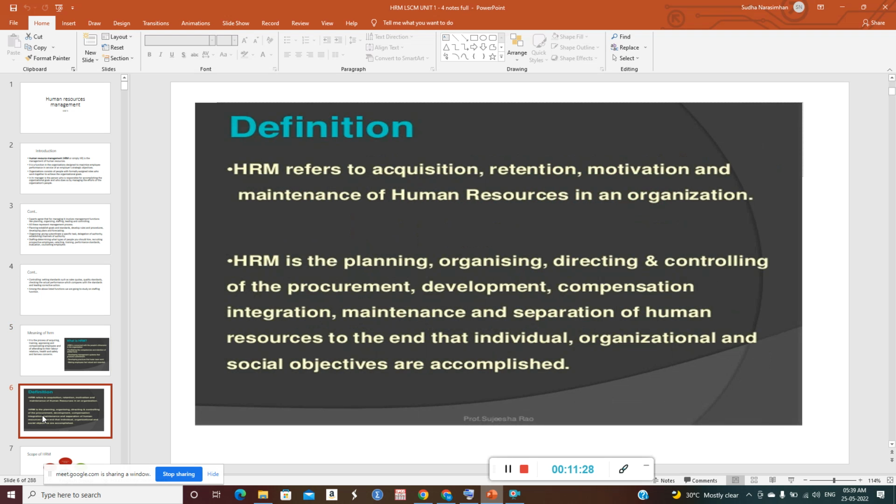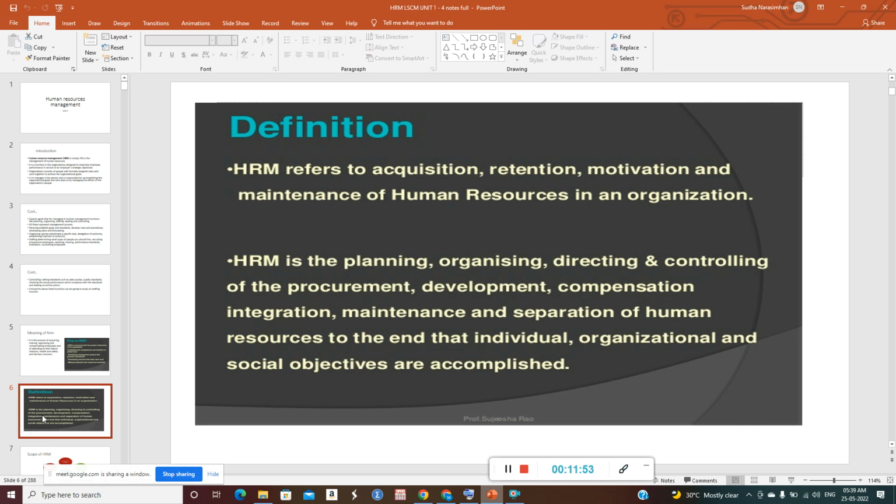Looking into the definition of human resources management in more detail, the definition that you see on the screen relates to the management functions. These we have seen in the previous slides. So when you look into these definitions, HRM refers to acquisition, retention, motivation.